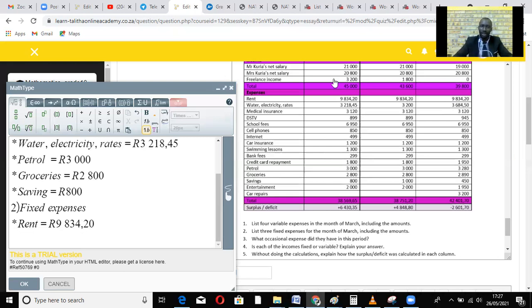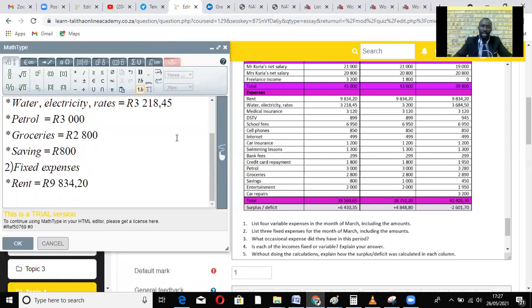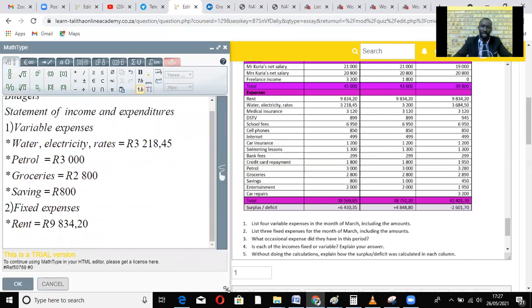But is that all? No, that isn't all. We can still go ahead and look for some more. Well, what would be the next? Let's check through and see. Electricity, we are done with it. It's a variable expense. Then we now look at medical insurance.